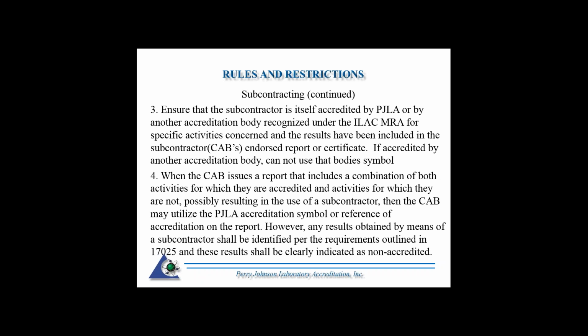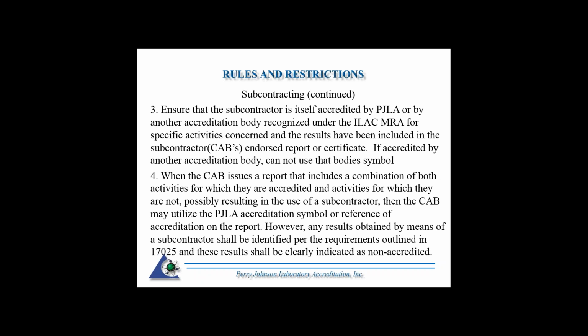However, any results obtained by means of the subcontractor shall be identified per the requirements outlined in 17025, and these results shall be clearly indicated as non-accredited. Hence, your results may fall perfectly under your accreditation, and if you're including several items in a test or calibration report, those obtained by the subcontractor that are not under your scope of accreditation, you need to indicate that they are considered non-accredited.